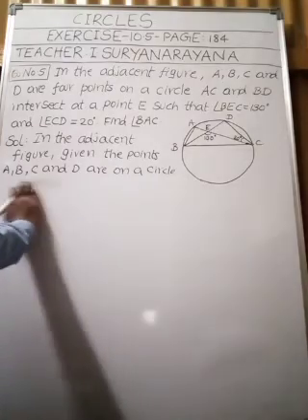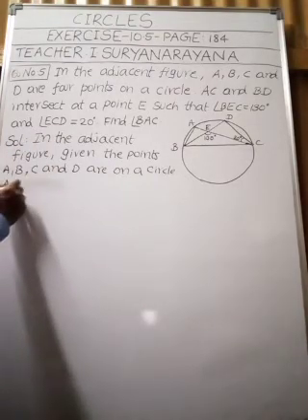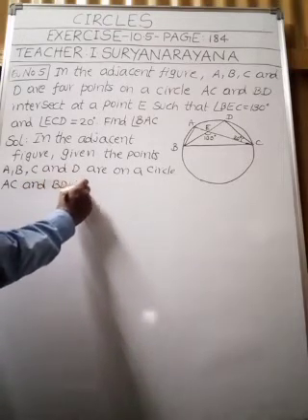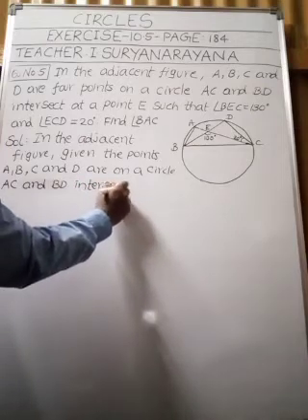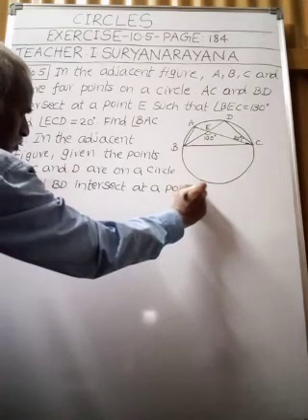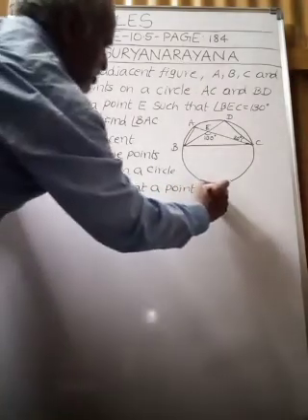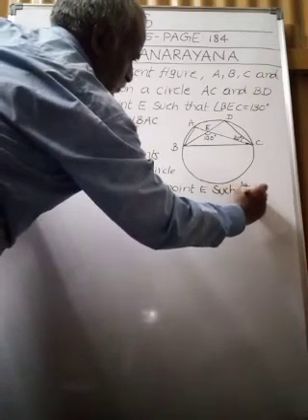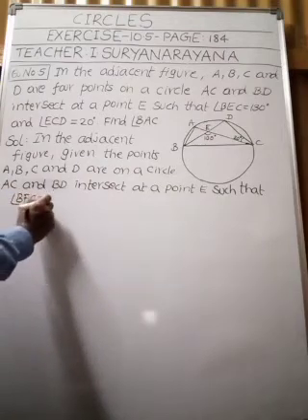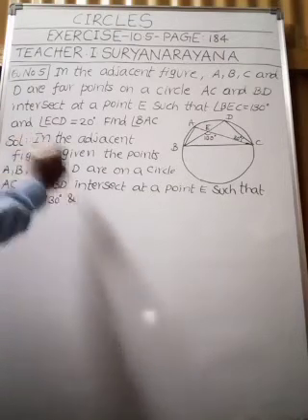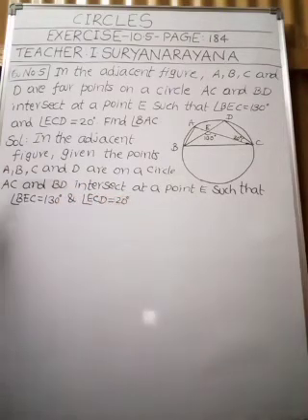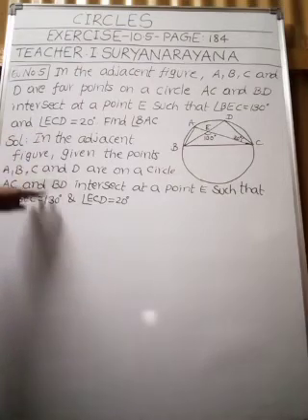Let us write this data completely. AC and BD intersect at a point E such that angle BEC is equal to 130 degrees and angle ECD is equal to 20 degrees.